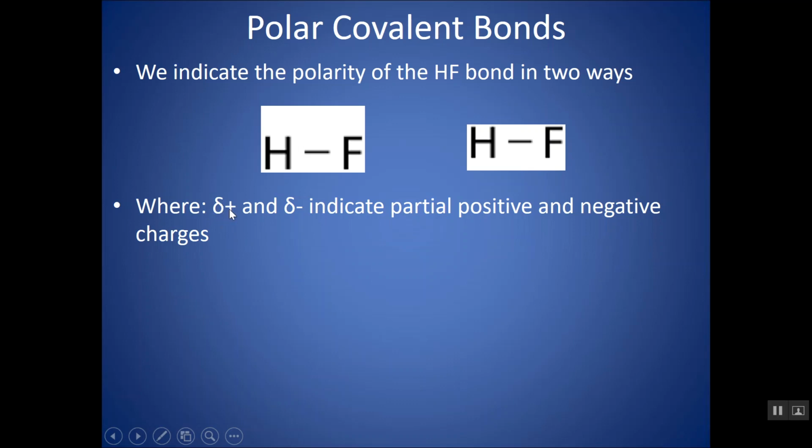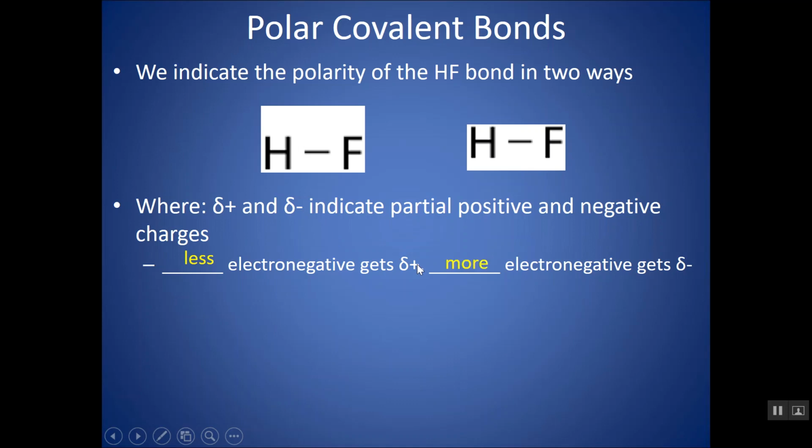We put the partial positive above whichever element is less electronegative, and the partial negative next to the atom that's more electronegative, because that atom attracts electrons, which are negative, toward itself and gets a slight negative charge. It's not a full positive and full negative, like it's not ionic. These are not ions, but it would be partially negative.